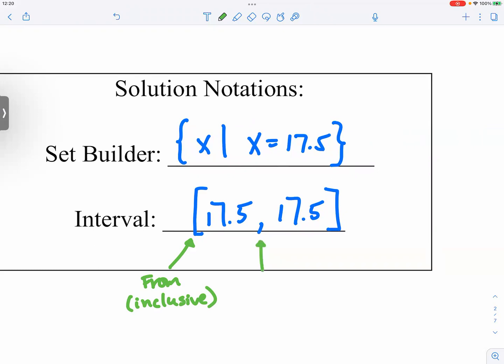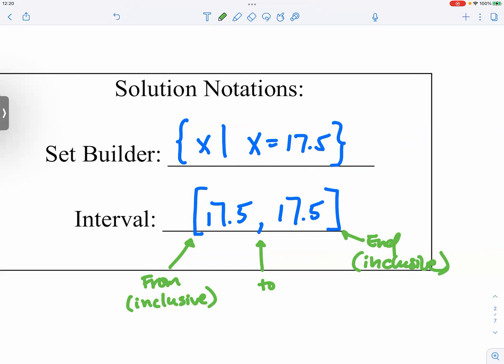This comma means to, that could be new. Okay, so from 17.5 to 17.5, and a close bracket means it ends right here, and also it's a bracket, so it is inclusive.